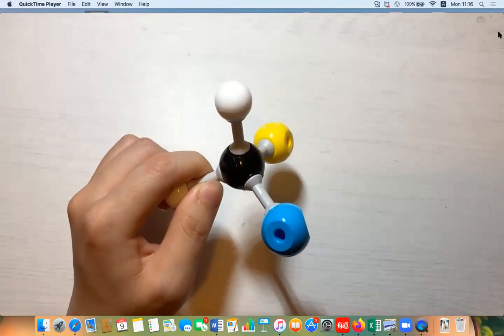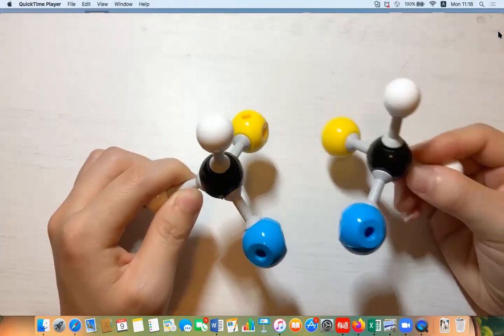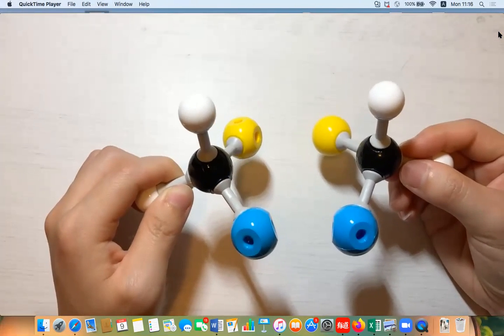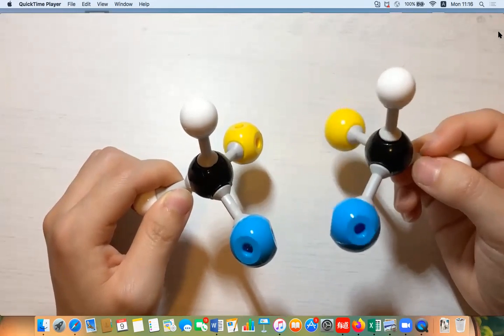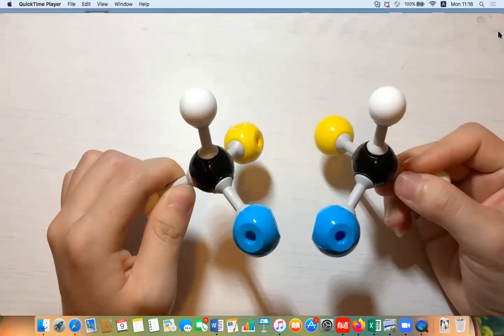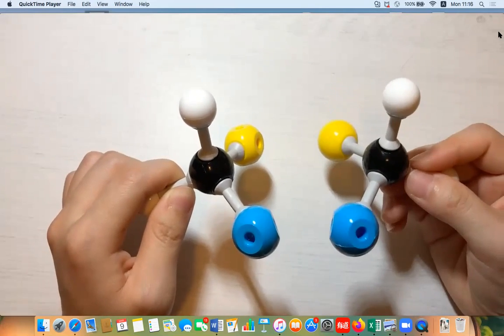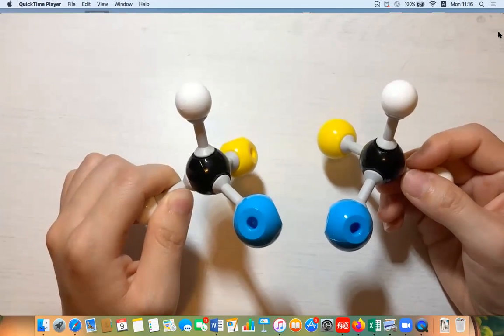I have built the mirror image, which is here. To work out whether it's chiral or achiral, we need to see if we can put the mirror image on top of the original molecule, and all the positions of the mirror image atoms must match their positions on the original molecule.